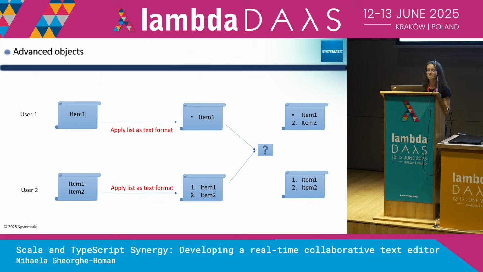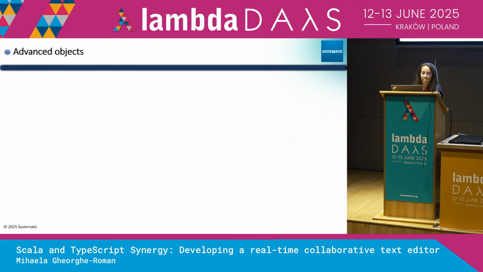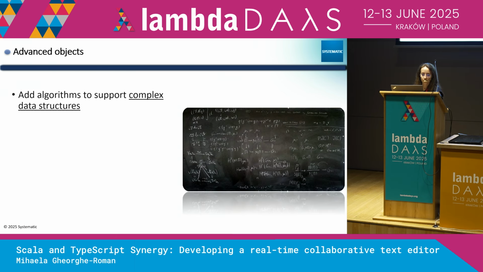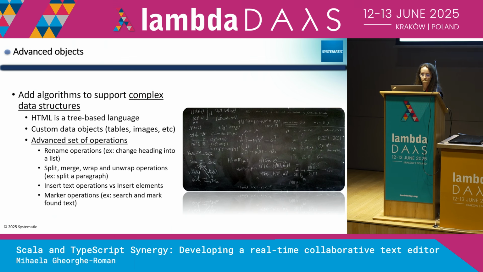And the solution for these sorts of scenarios was to extend our algorithms and add support for what we called complex data structure. So we based our solution here with the complex data structure on the fact that HTML is a tree-based language.